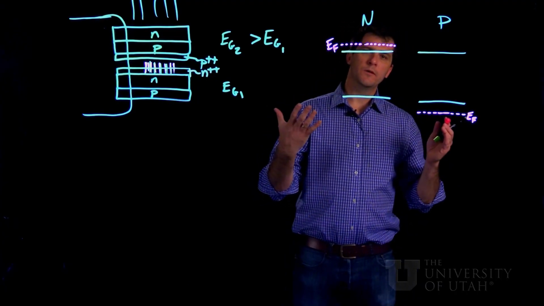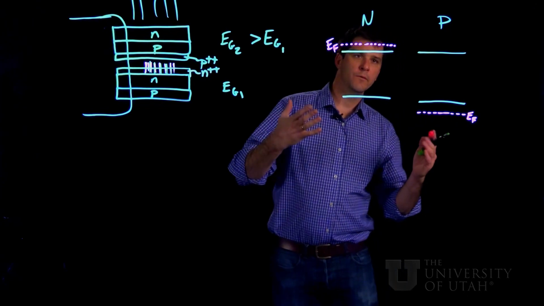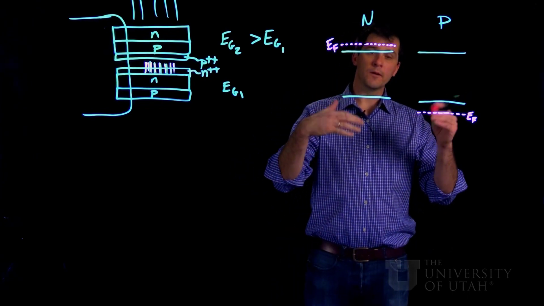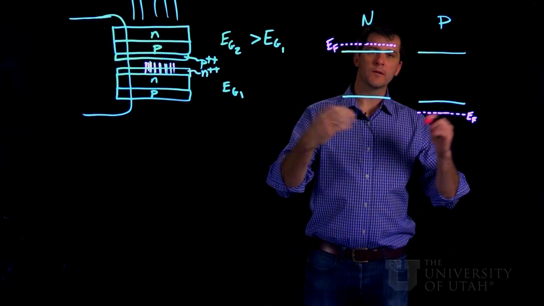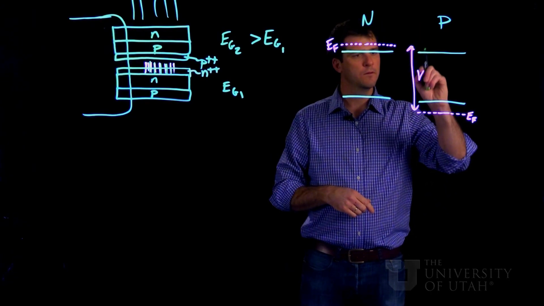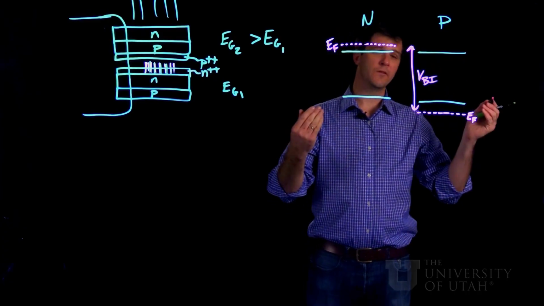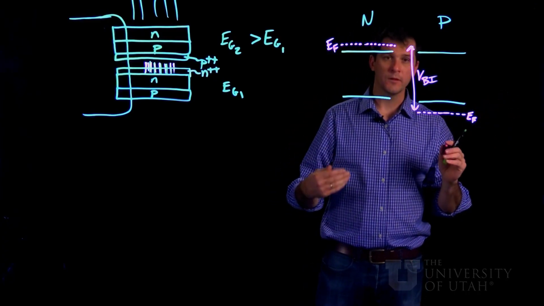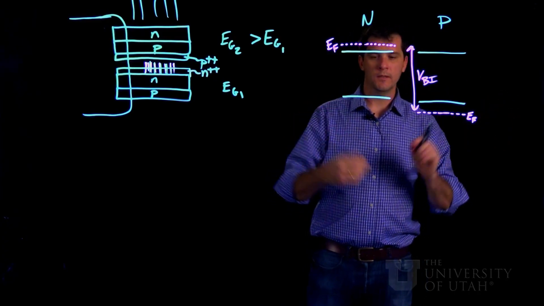So whenever we put two dissimilar pieces of material together, they're going to form a built-in voltage, which is given by the difference in the Fermi levels. So in our case here, the built-in voltage is actually going to be larger than the band gap.